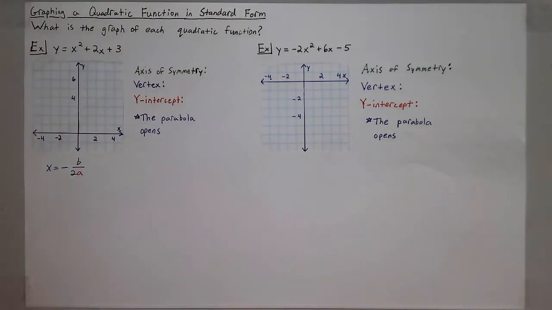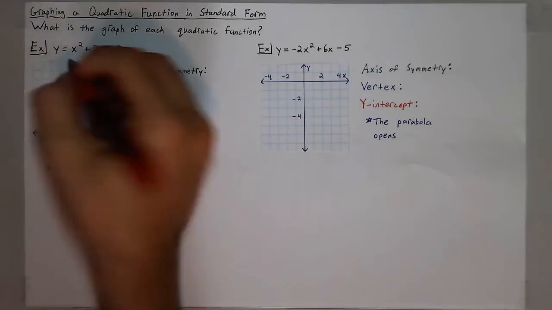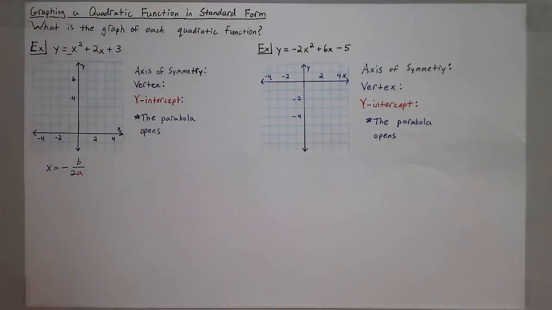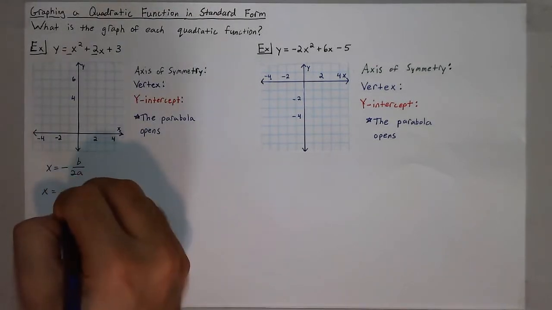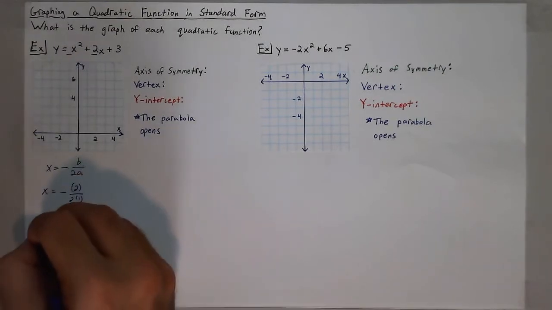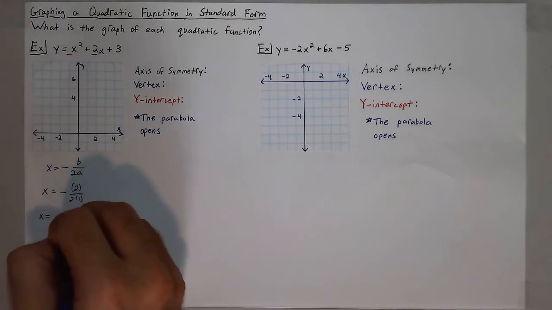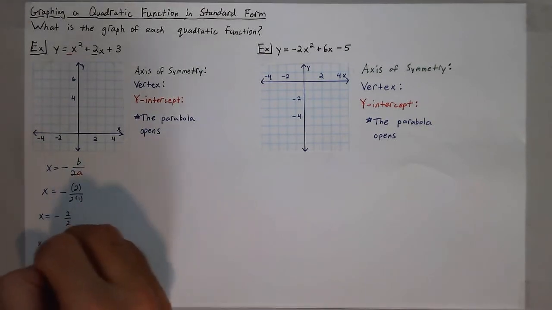Knowing this, I see my a value is an understood 1, while my b value is a positive 2. So plugging it in, I'll get x equal to negative 2 over 2 times 1, which gives me negative 2 over 2, which is negative 1.